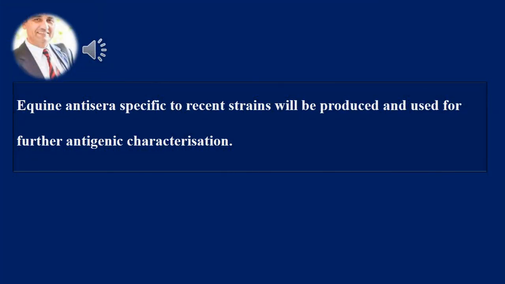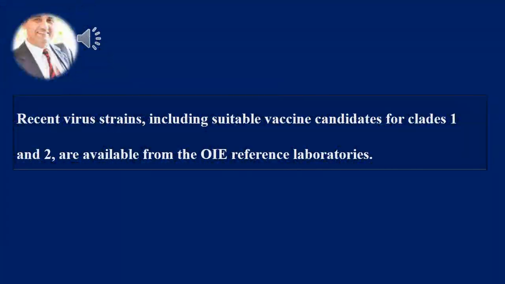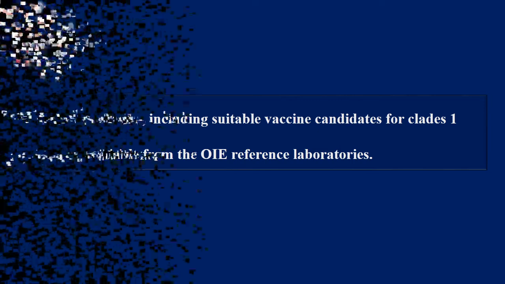Equine antisera specific to recent strains in the last outbreaks throughout the world will be produced and used for further antigenic characterization. Recent virus strains isolated, including suitable vaccine candidates for clade 1 and clade 2, are now available from the OIE reference laboratories throughout the world.